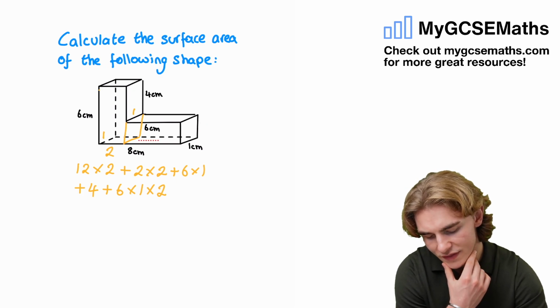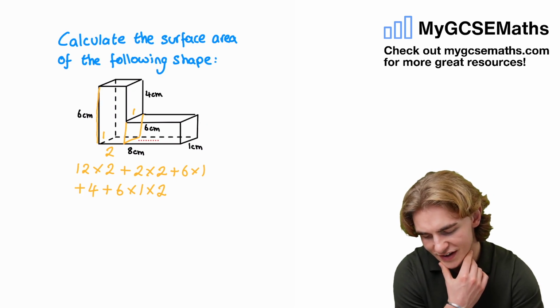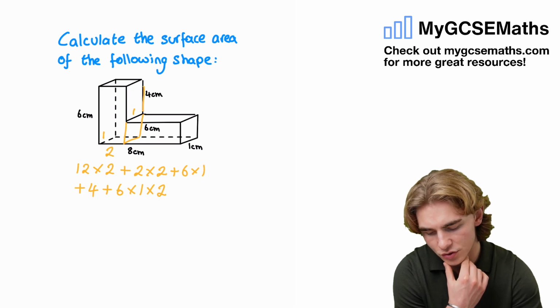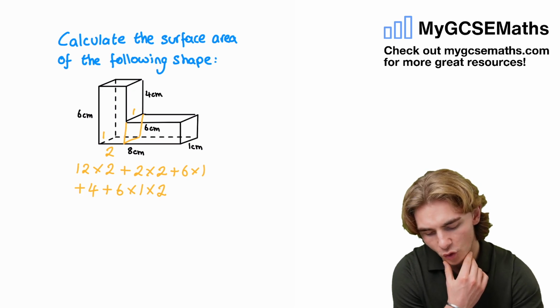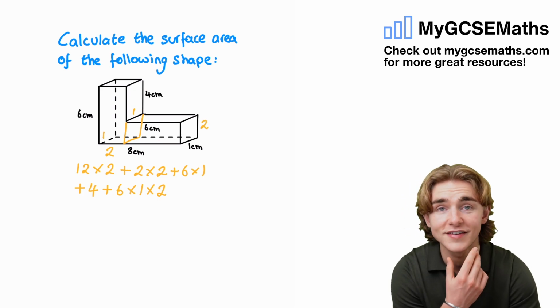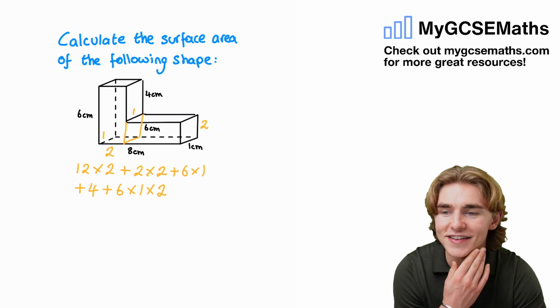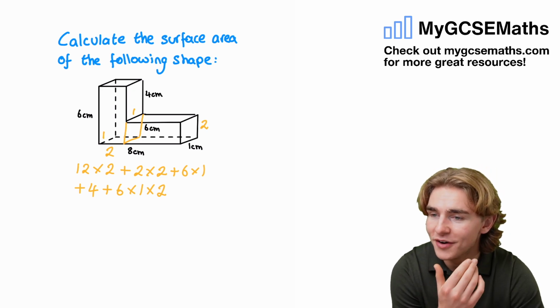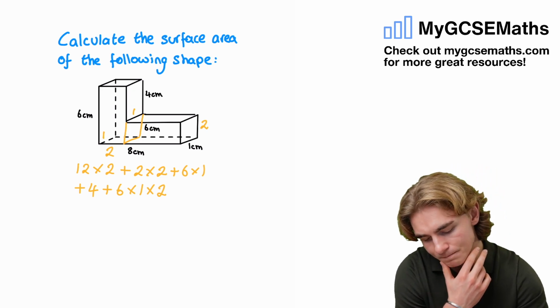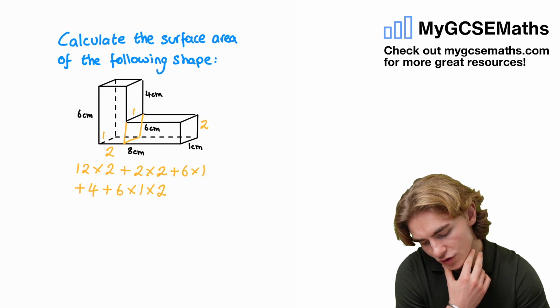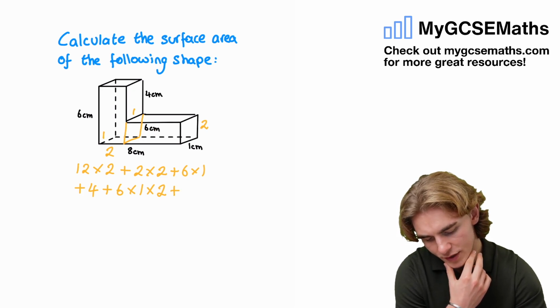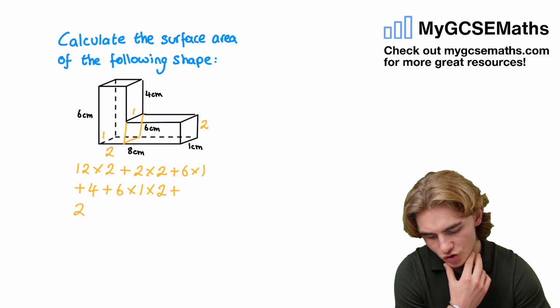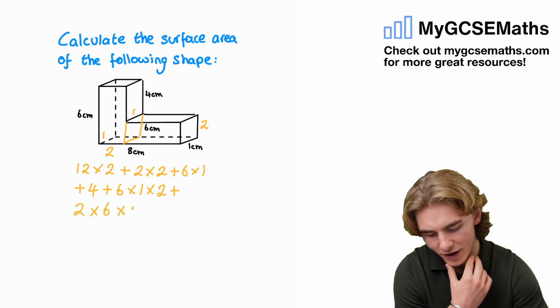It's going to be the difference between the overall height of the shape, which is 6, and the height of this top portion, which is 4. 6 subtract 4, guys, that is going to be 2. Telling us that the height over there is going to be 2. Moving on then, we're going to have our 2 times by our width of 6, so we can do plus, let's write it on another line, 2 times by 6 times by 2.